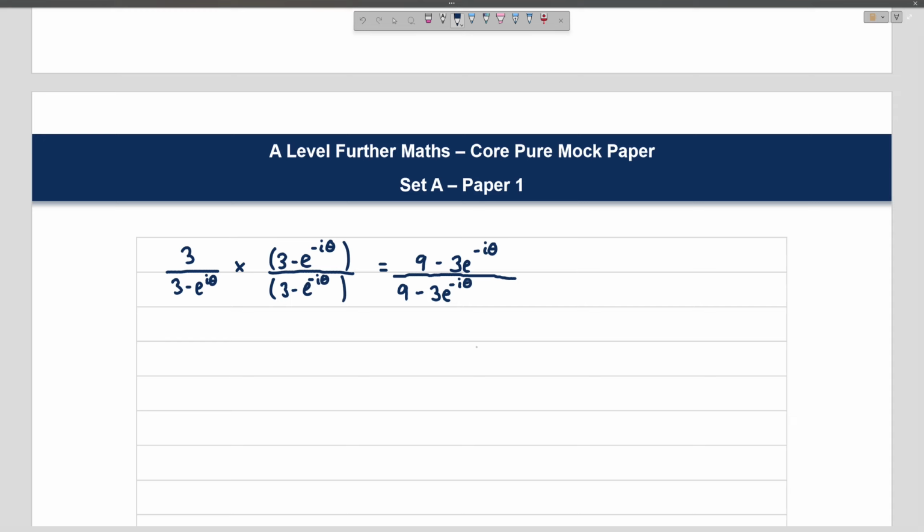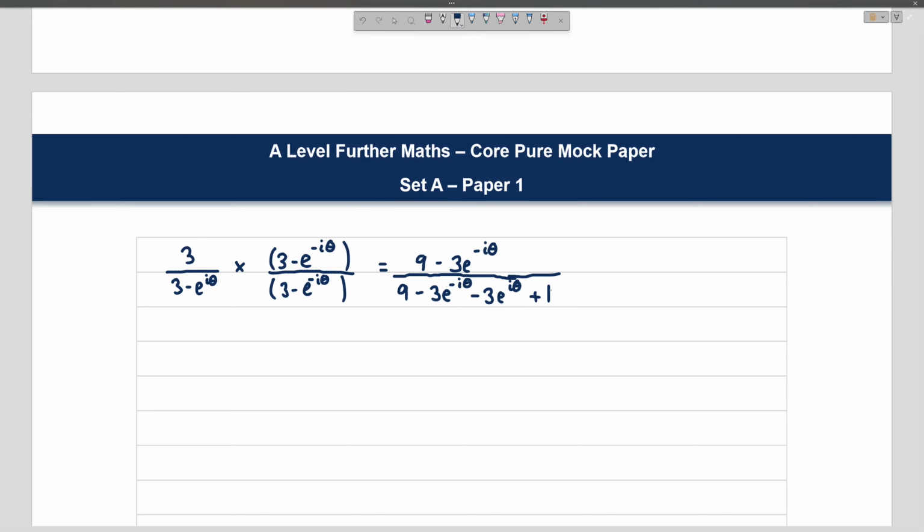Take your time, there's no rush. Minus e to the I theta times 3, again I get minus 3e, but the power now is positive, so minus 3e to the power of I theta. And then finally, minus e to the I theta times minus e to the minus I theta just gives us 1.